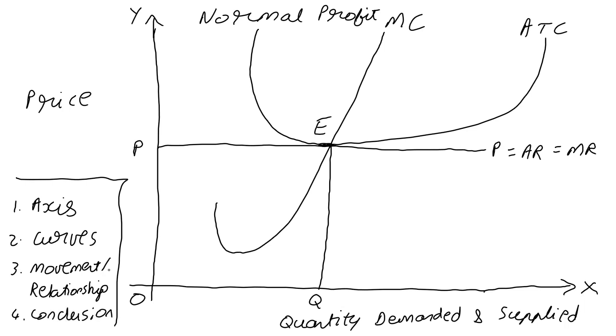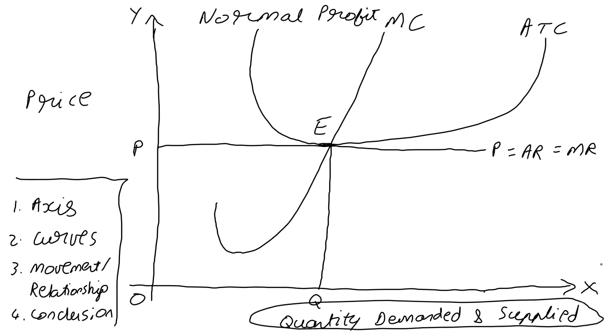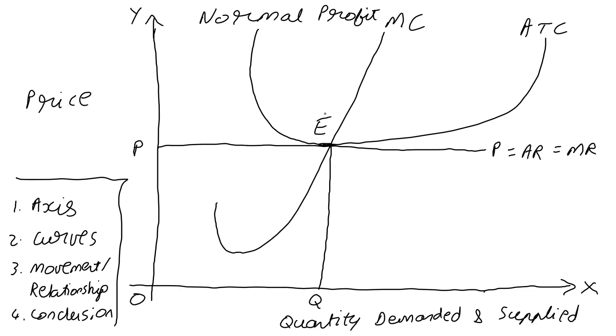So in the above diagram, price is on the y-axis and quantity demanded and supplied is on the x-axis. The demand curve extends out of the y-axis corresponding to price P. Since the firm is in a perfectly competitive market and is a price taker, it can sell as many units of the product at price P, and hence it is a flat line.